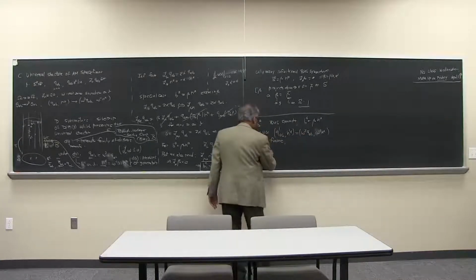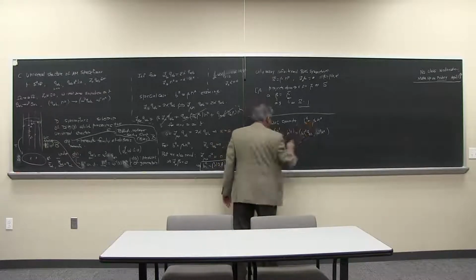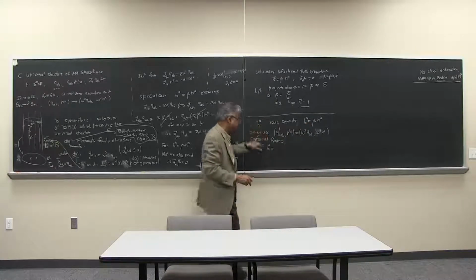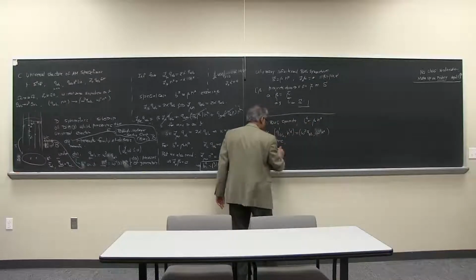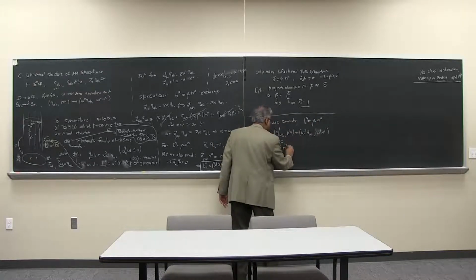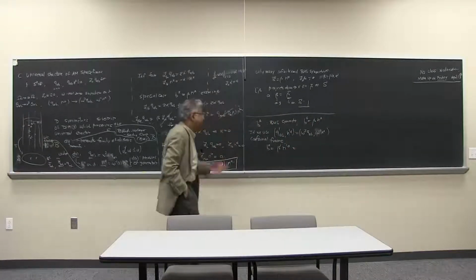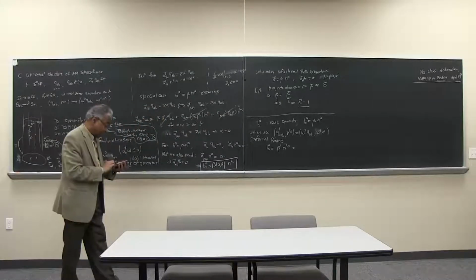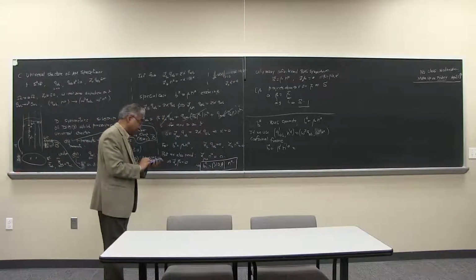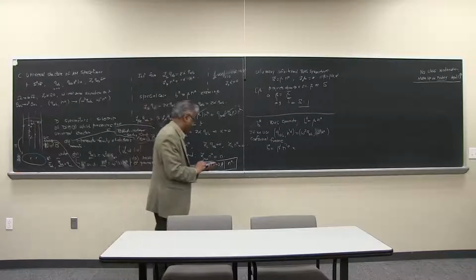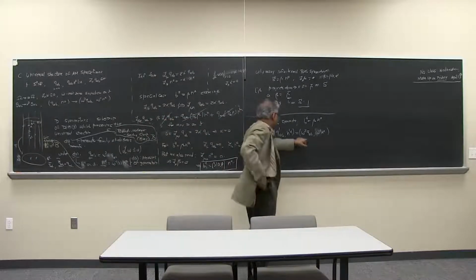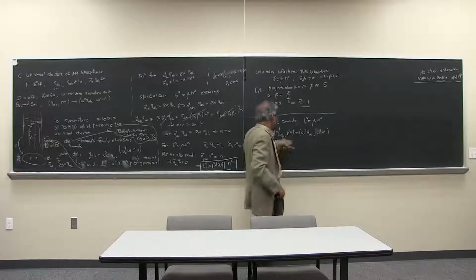Then BA is of course going to be, the vector field is the same, but NA is going to be replaced by the appropriate null vector field, n prime, in that conformal frame.